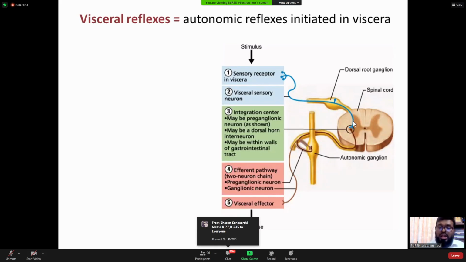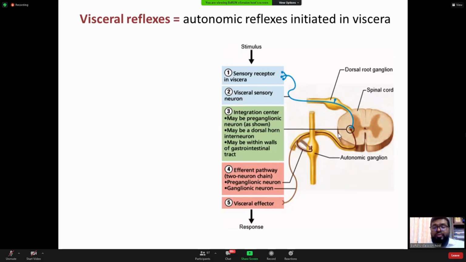It enters the spinal cord, and instead of ending at the posterior horn, it goes straight to the lateral horn, where integration occurs, and the efferent neuron comes out and reaches the viscera. But the difference is that in the somatic nervous system, the effector neuron is only one. A single effector neuron reaches the target organ, like the muscle.